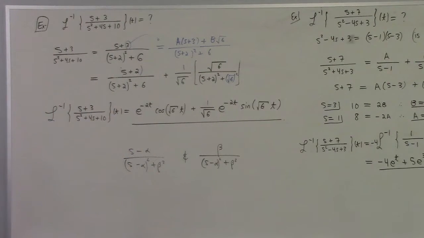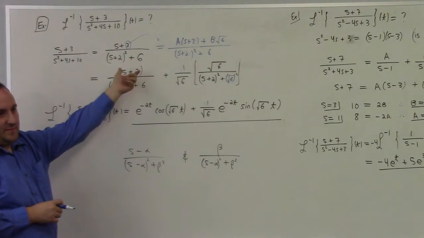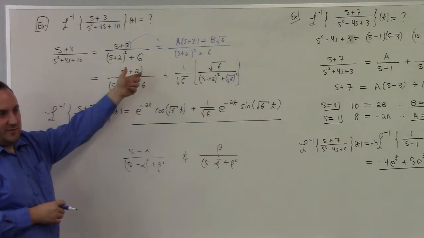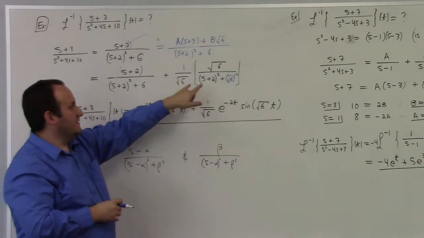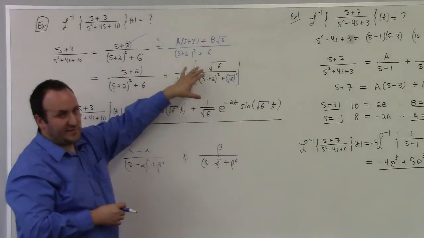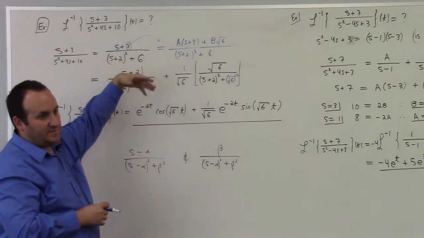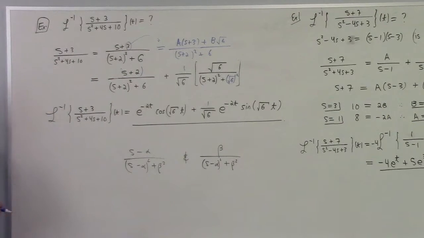You can do it that way if you want, but trust me when I tell you that this way I'm showing you, creating the s plus 3 by factoring out the appropriate number and adding or subtracting, doing arithmetic, and then creating up here by division, is just way faster than working out this algebra. If you take the time to get used to this arithmetic, it's much faster than working out the a and the b, where there's a lot more writing and a lot more opportunities for making mistakes as well.